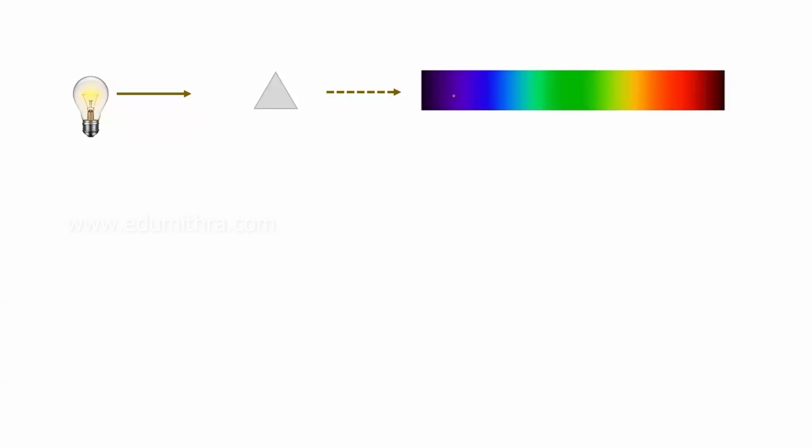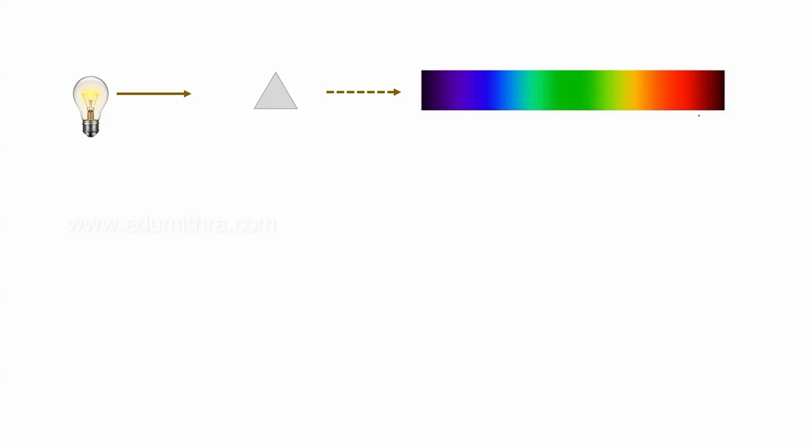You can see it consists of all the colors from the violet to the red. So it is split into colors. There is nothing amazing in that. Maybe it is actually amazing to see, but it is not the purpose of our discussion.